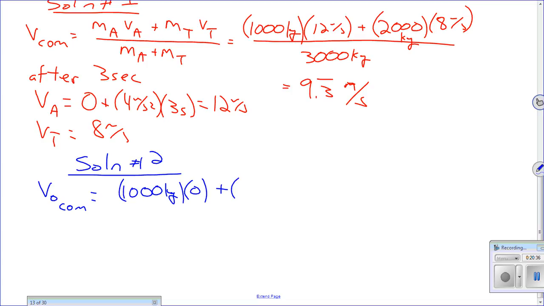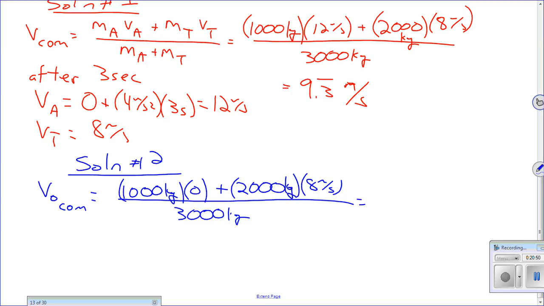Plus the mass of the truck, 2,000 kilograms, times its initial velocity. What was that again? 8 meters a second. Divide that by our total mass of 3,000 kilograms. So that means that our initial velocity, if you figure this out, is 5.3 meters a second. Good. Okay.